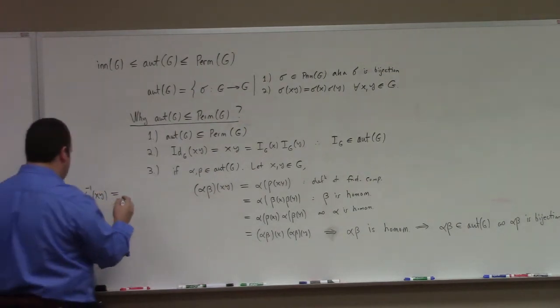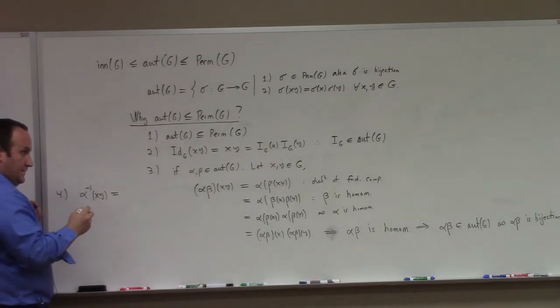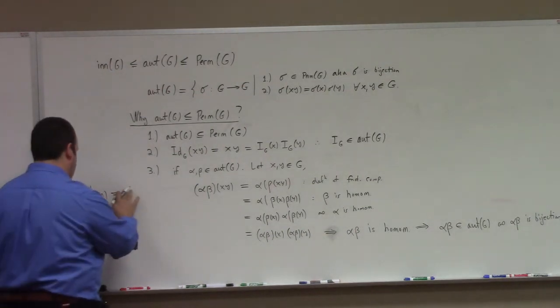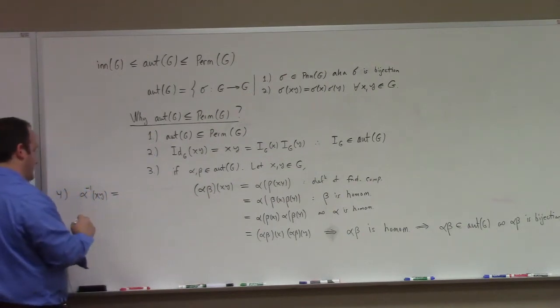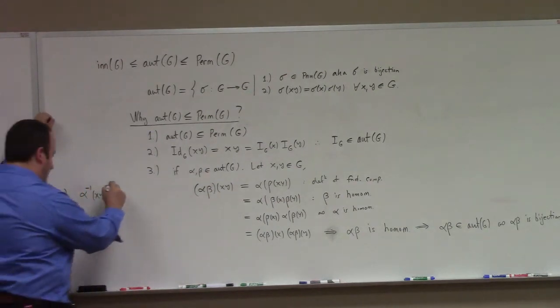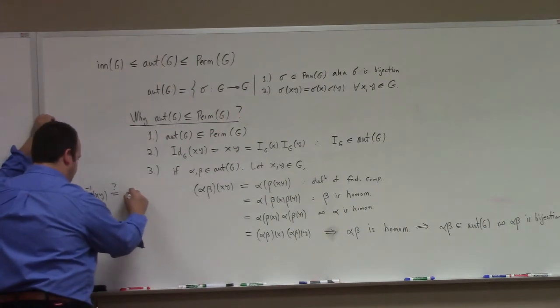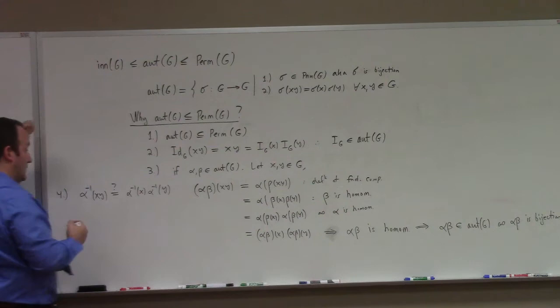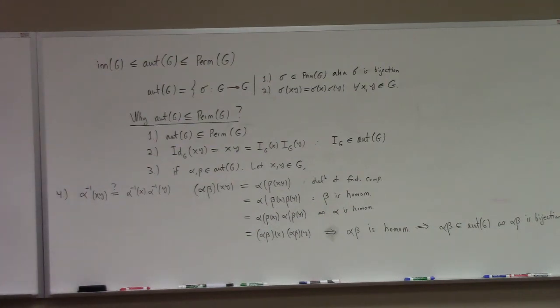Well, the question is why, we're trying to figure out why is this equal to alpha inverse of x, alpha inverse of y. I mean, that's what we're trying to show, right?